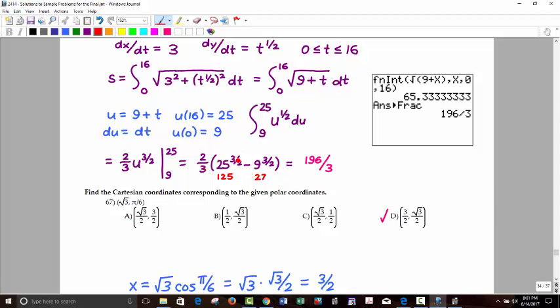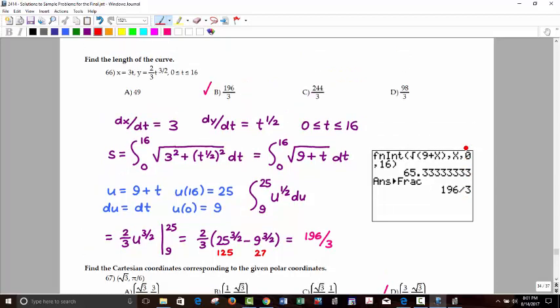These work out nice because to the 3/2 power, that means you're taking the square root of 25, which is an integer, and the square root of 9, which is an integer. So that works out, and then it ends up being exactly 196 over 3, like it's supposed to equal. So answer B was correct.